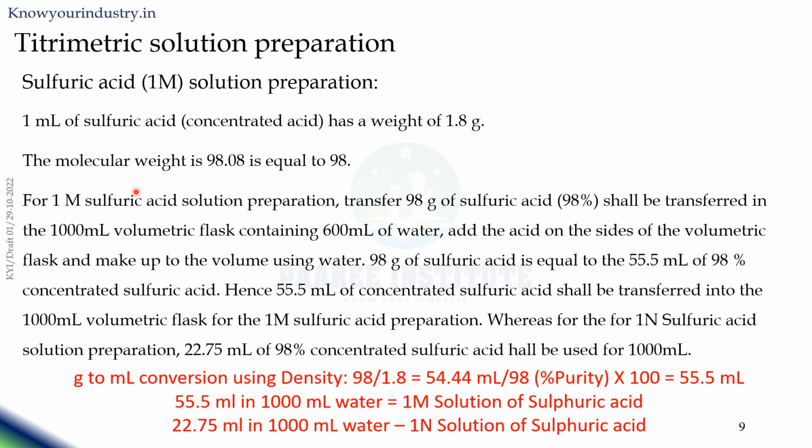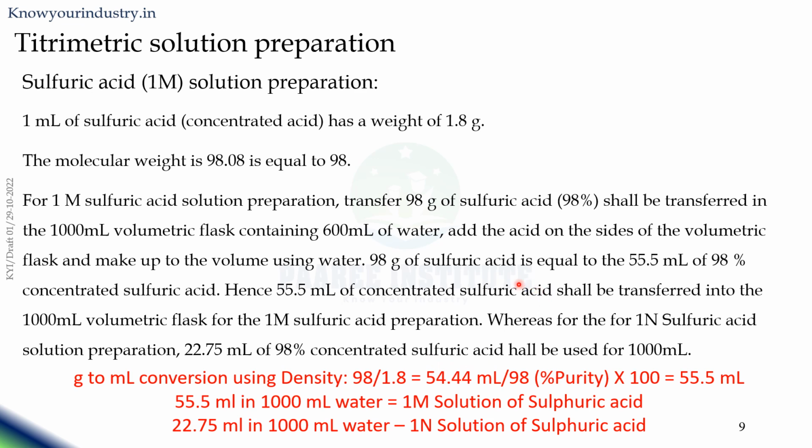The density of concentrated sulfuric acid is 1.8 gram per ml, the molecular weight is 98 and the purity is 98%. We have to consider all these factors for the preparation of the solution. Applying the specific gravity or density gives the gram per ml conversion.